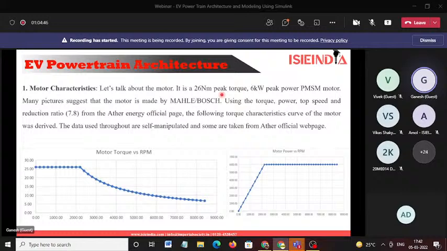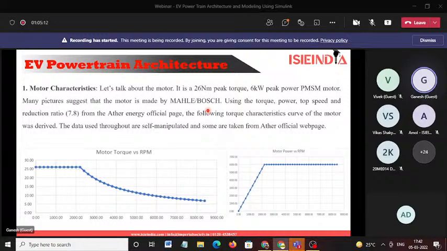Many two-wheelers, three-wheelers and four-wheelers, whatever electric vehicles exist as of now, use outsourced motors, such as from Bosch or Mahle. As per my knowledge, Ather is using Mahle motors. If you have an Ather vehicle, you can see the Mahle sticker on the motor.